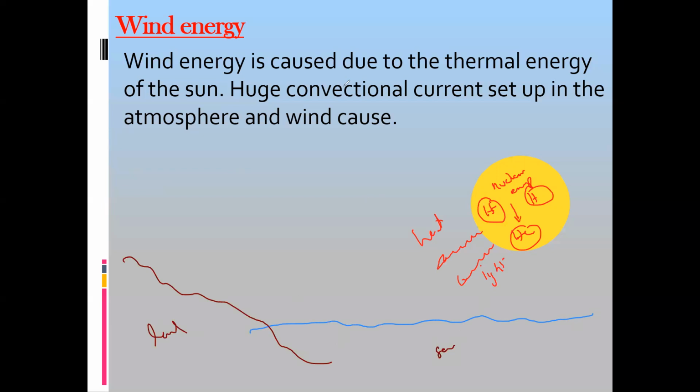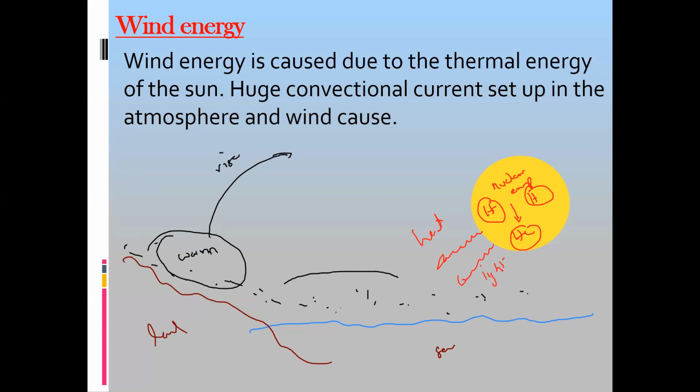So when we receive that heat and light energy on our planet, because the land cannot absorb too much energy due to its smaller capacity, the air above the land will become warm, and as it becomes warm, it will rise. So here there are fewer particles of air, so the air above the sea starts to move or diffuse towards the land.